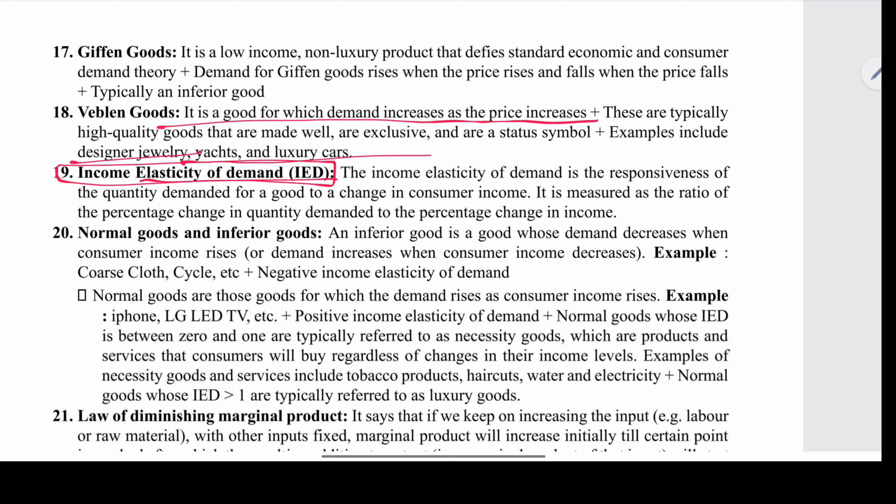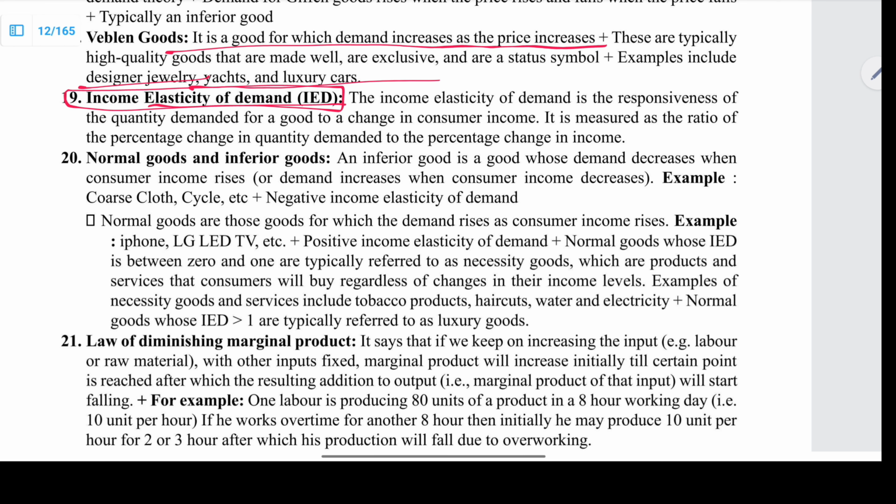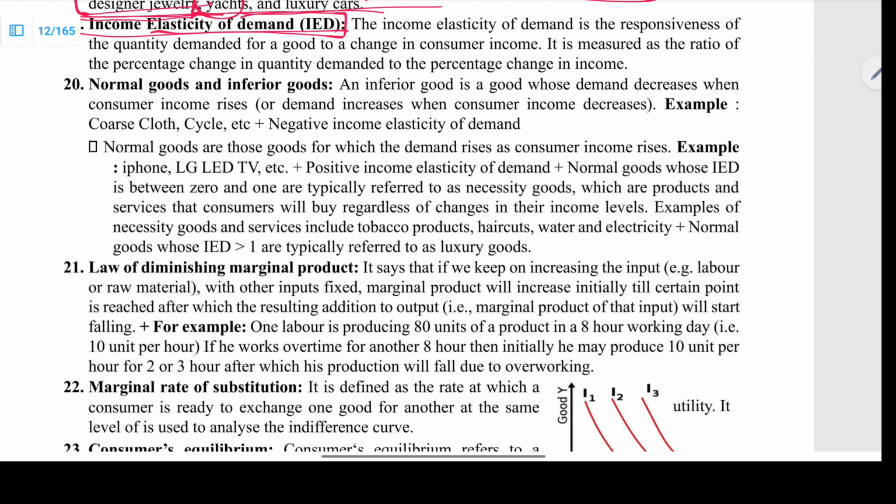It is a good for which demand increases as the price increases. These are typically high quality goods that are made well, are exclusive, and are a status symbol. Examples are designer jewelry, yachts, luxury cars.